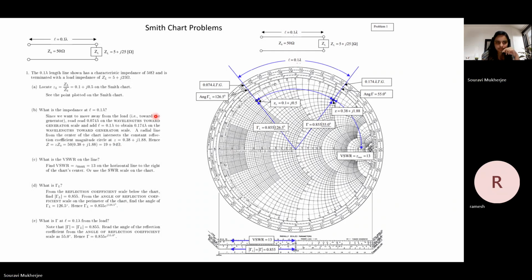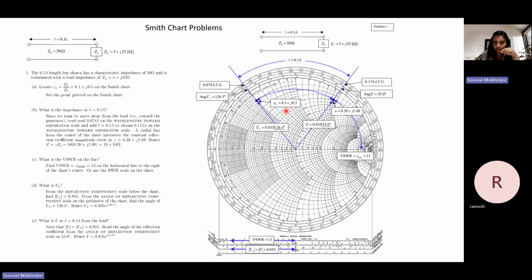Now, what is the VSWR on the line? What is VSWR basically? VSWR corresponds to the ratio of maximum voltage to minimum voltage, right? So you can also equate it to the ratio of maximum to minimum resistances that can be supported by the transmission line.